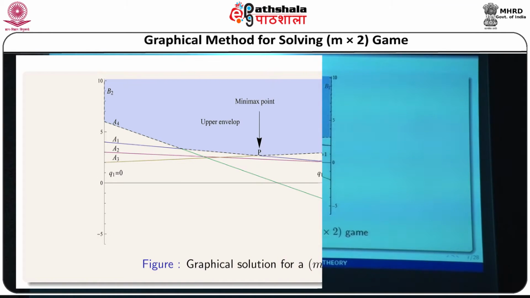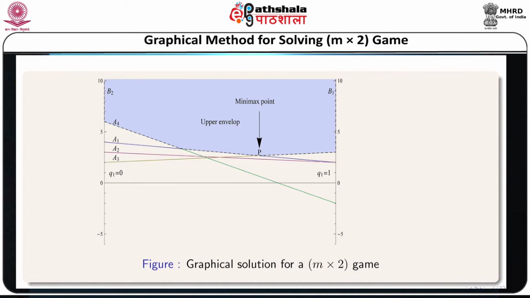Then we draw two vertical lines a unit distance apart, and we draw the line segments for the expected payoffs of player B for the pure strategies of player A, where player A uses the pure strategies A1, A2, A3 and A4.